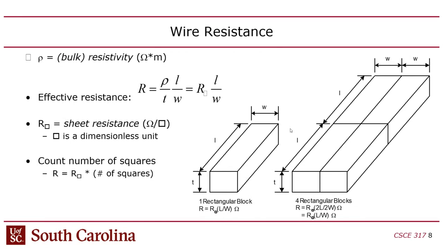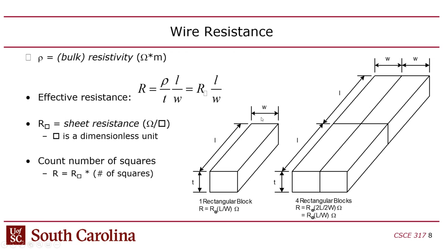But unfortunately, things are 3-dimensional, right? But you can convert, once you have the bulk resistivity, which is rho, all you have to do is divide that by the thickness of your wire, which is T. So that gives it the second dimension. And then you multiply it by the ratio of length to width to give it the third dimension.